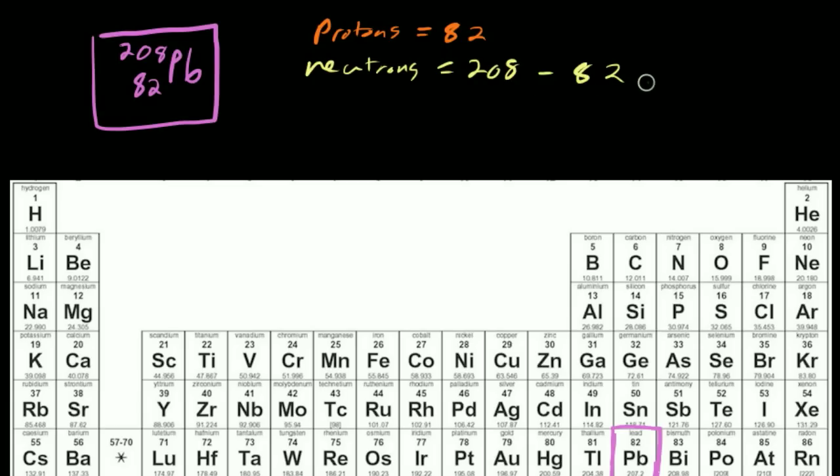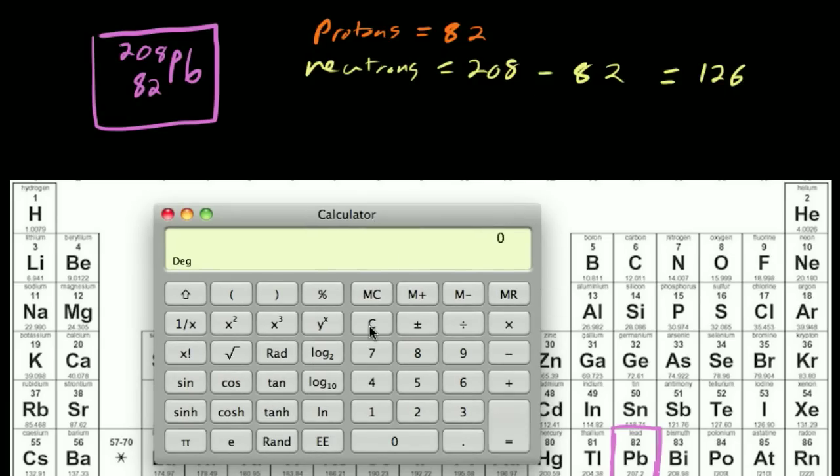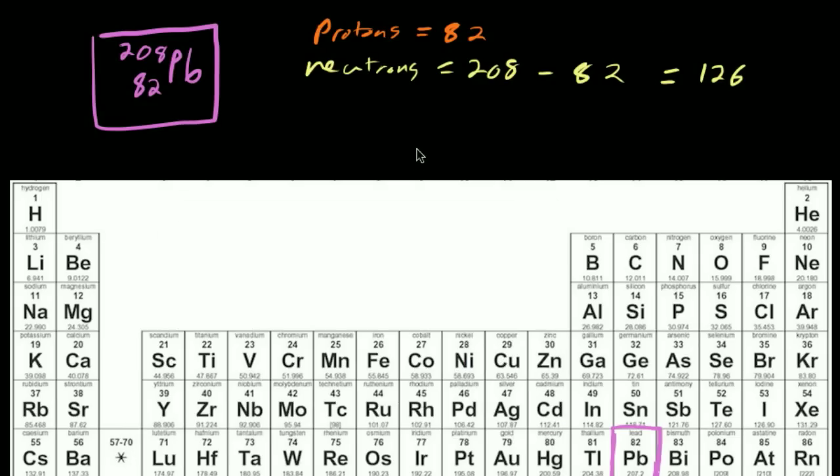So we could say 128 minus 2, or 126. And once again, I'm just going to go ahead and get out the calculator to make sure I didn't make any stupid mistakes. 208 minus 82. Yep, 126.